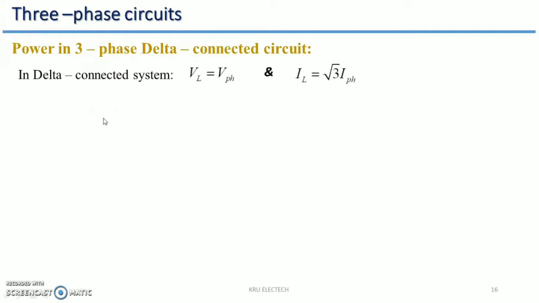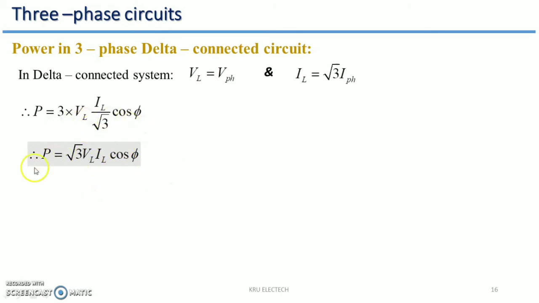Power in three-phase delta connection. Now in the delta connection, VL equal to V phase, the current is different, IL equal to root 3 I phase, and we put down the value of the phase quantities in terms of line values. Here is VL and here is IL divided by root 3. So the resultant is the same, root 3 VL IL cos phi. So in both star connection and delta connection, the power is the same, root 3 VL IL cos phi.